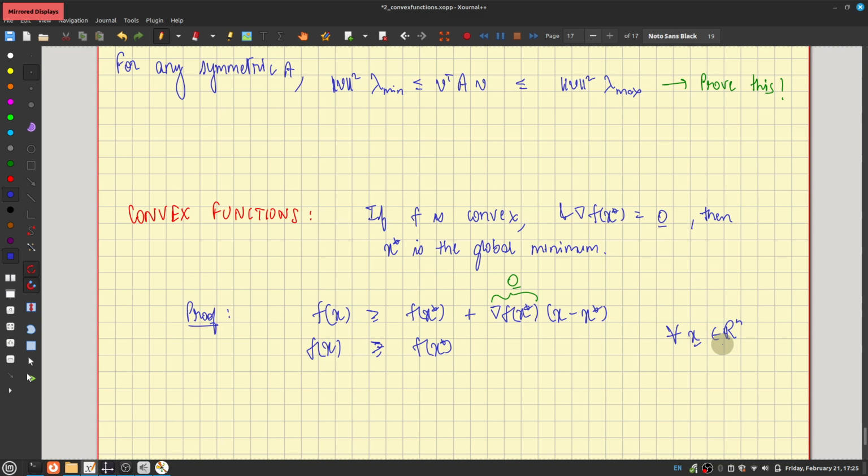So it's a very powerful test. Just that additional information that f is convex tells you that if the gradient is 0, then x star should be a global minimum.